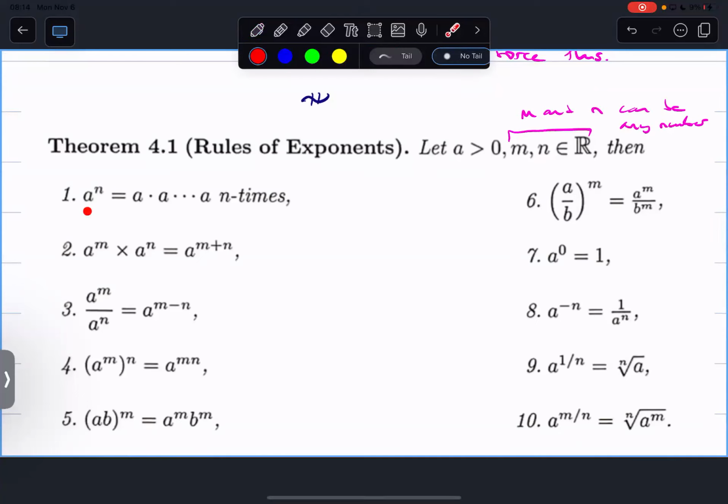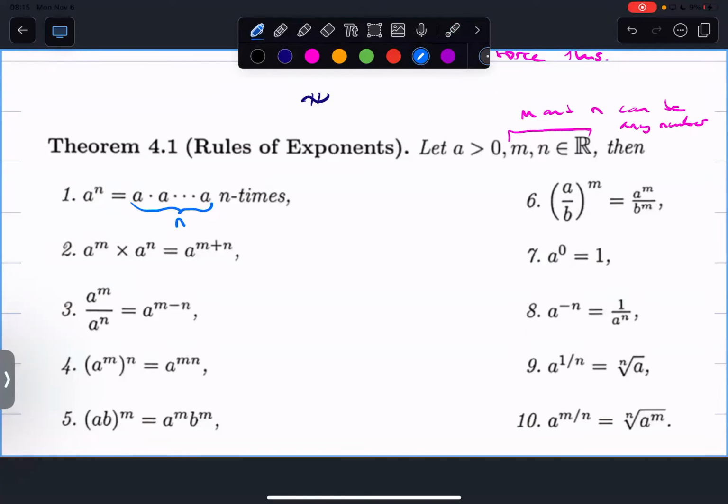First rule of exponents is that if you have a times a times a, n times, then you can rewrite it as a to the power of n. That's fair, I think. And here, let me just clarify that there are n a's being multiplied together.